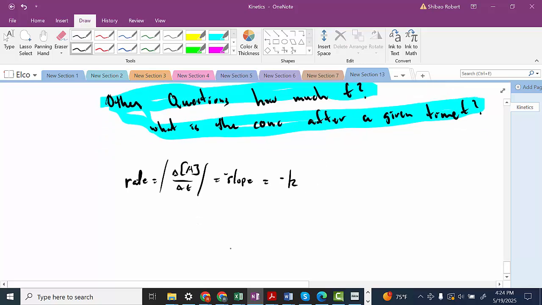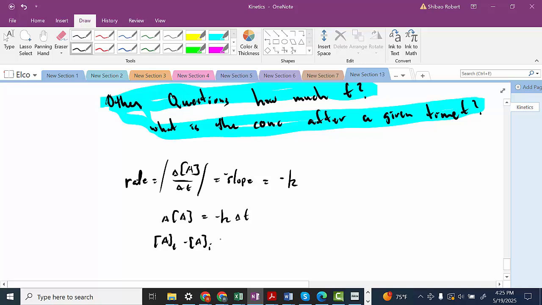Now, what this means is that we can come up with equations for this. So, for example, we could just solve this for delta A here. I'm just using A for some reactant concentration. This is going to equal minus K times delta T. And delta A is going to give us A at time T minus A at time initial.